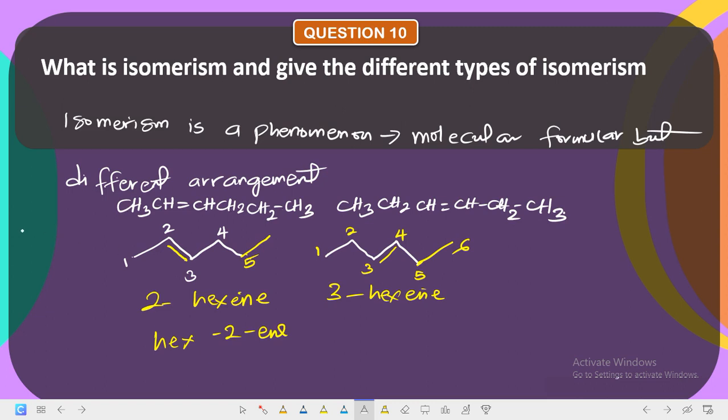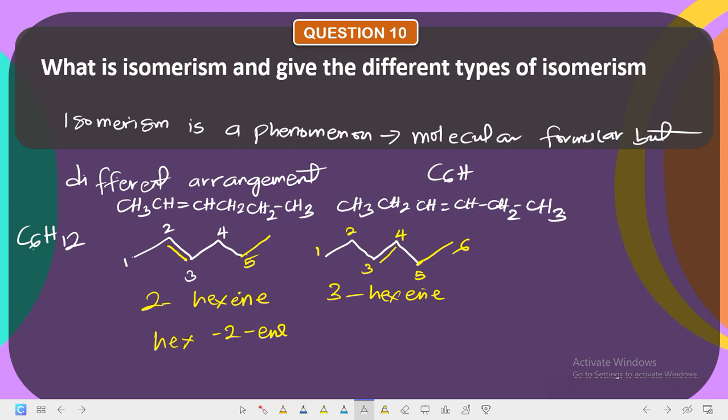As the name implies, they are hexene. So you say this is C6H. How many hydrogens? 3 plus 1 is 4, plus 1 is 5, plus 2 is 7, plus 2 is 9, and plus 3 is 12. So you say C6H12 for hex-2-ene, which is 2-hexene. Now coming here also, you have 1, 2, 3, 4, 5, 6, which is C6H.